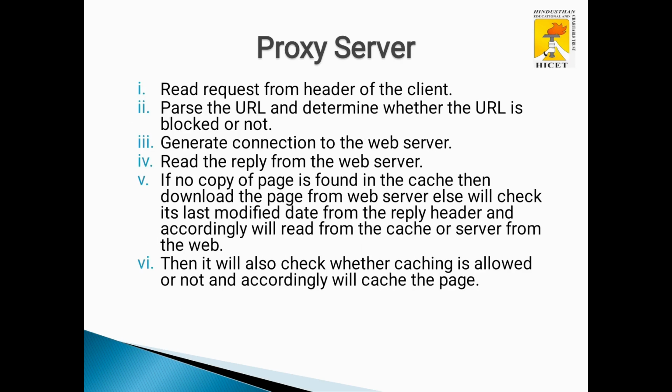If no copy of the page is found in the cache, then it downloads the page from the web server; else it will check the last modified date from the reply header and accordingly will read from the cache or serve from the web. Then it will also check whether caching is allowed or not and accordingly will cache the page. So this is called connection manager.